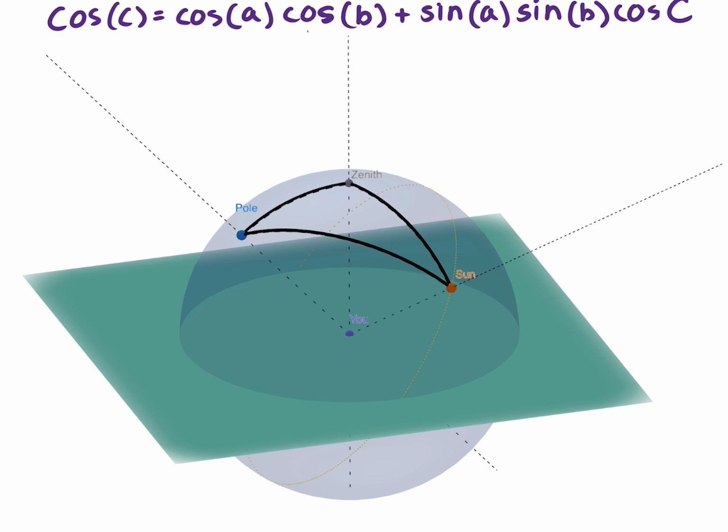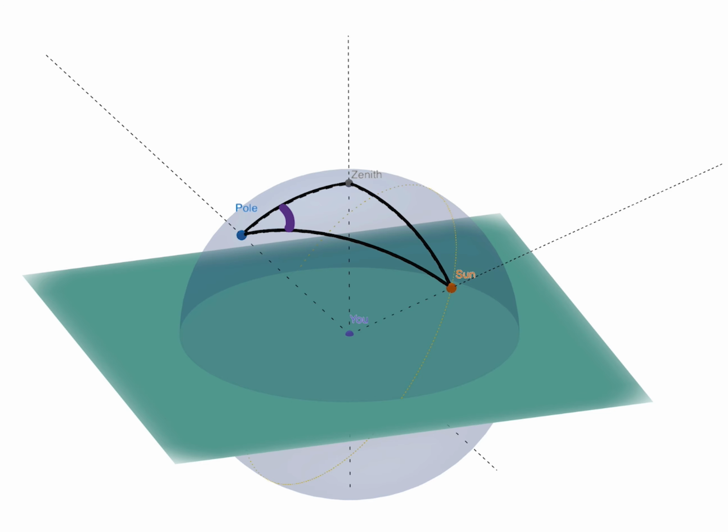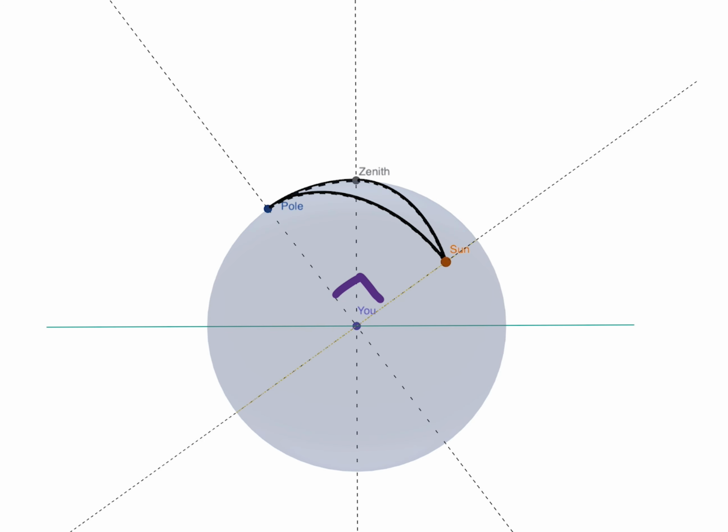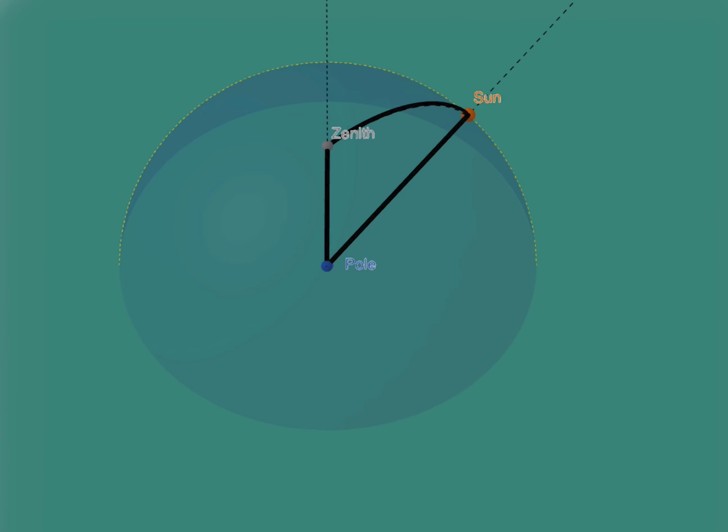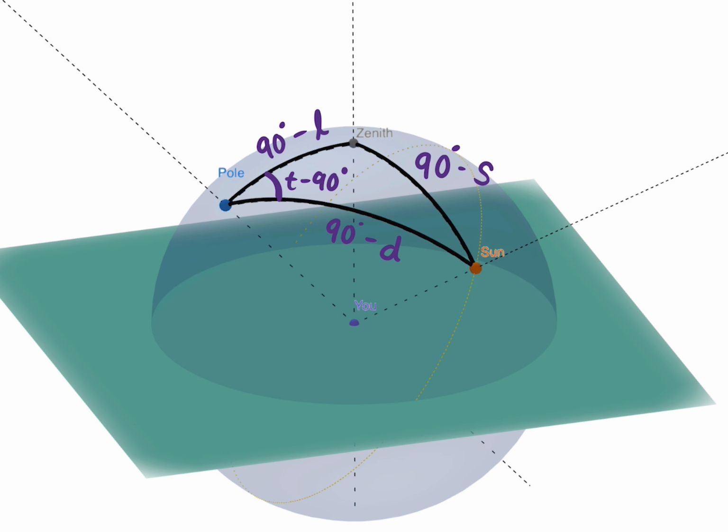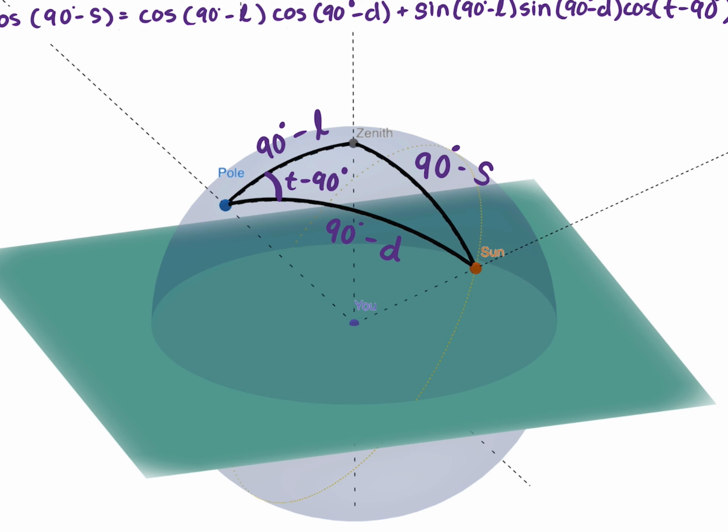And finally, we need to figure out what C is. Because the line of the pole is perpendicular to the path of the sun, the angle between the edges coming out of the pole match the angle of the sun's path. This is the time angle, and C is going to be the time angle minus 90 degrees. Okay, so now let's plug in all of our values into the spherical law of cosines.